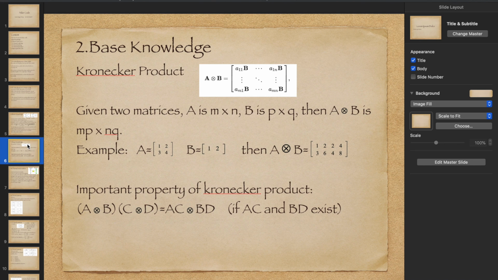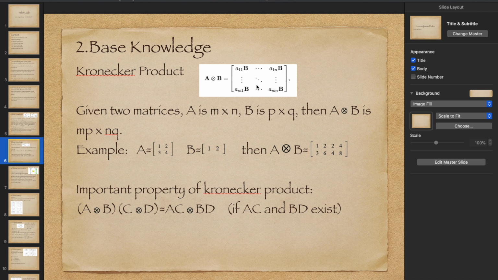And the second base knowledge we need to know is the Kronecker product. The form of Kronecker product is as shown in the figure. If we are given two matrices, the dimension of A is m by n, and the dimension of B is p by q, then the dimension of the Kronecker product of A and B is mp by nq.